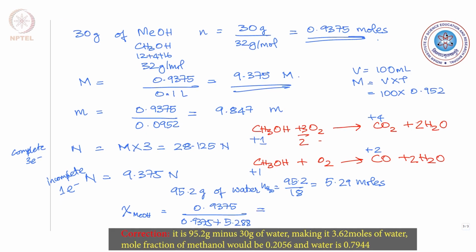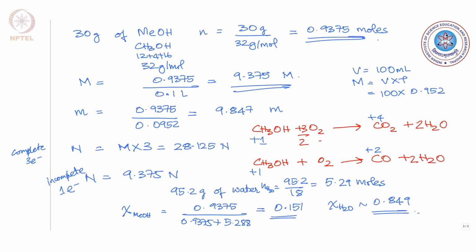This will be equal to 0.151, and therefore, H2O will be approximately 0.849. So, what we have seen here is that the mole fraction, although you have a significant amount of methanol, is actually lower because you are dividing it by the molecular weight, and the remaining is being water, you have a significant amount of water that is present.